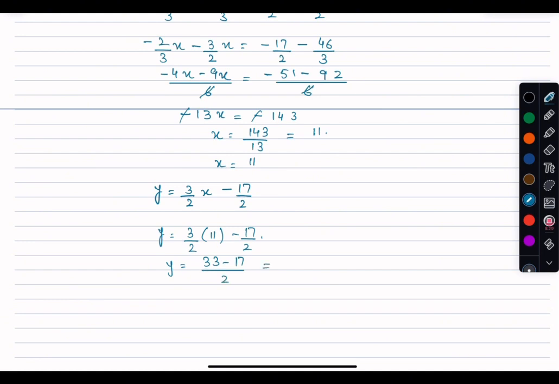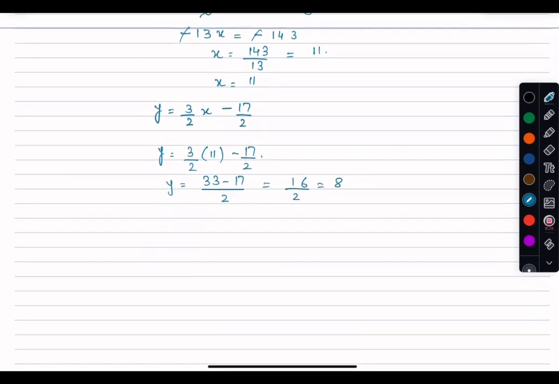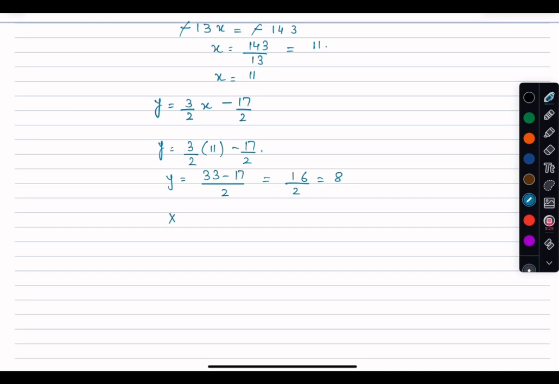So this will give me 16 divided by 2, which is 8. Therefore, the x coordinate of X is 11 and the y coordinate here is 8. Therefore, X will have coordinates 11, 8. So this shall be the answer for part 1 here.